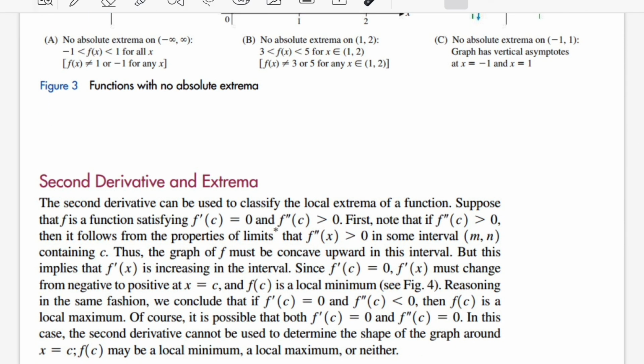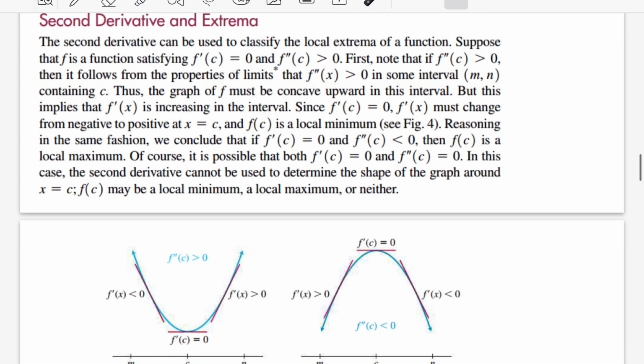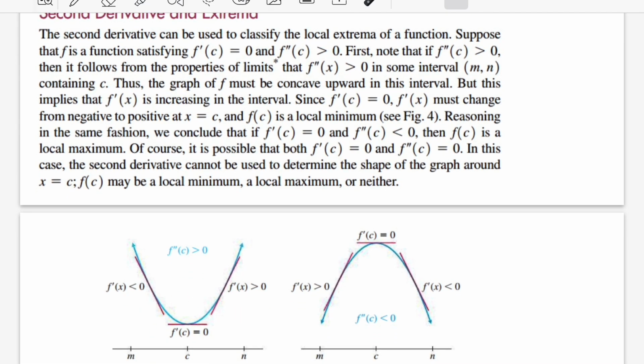So there are a lot of words here, but it's best illustrated with these graphs. So we're looking at the case when our second derivative at this critical number is going to be greater than 0. So we're looking at this graph here. So if this is going to be greater than 0, then it follows that the second derivative evaluated at x is going to be greater than 0 as well, for x values really close to c here.